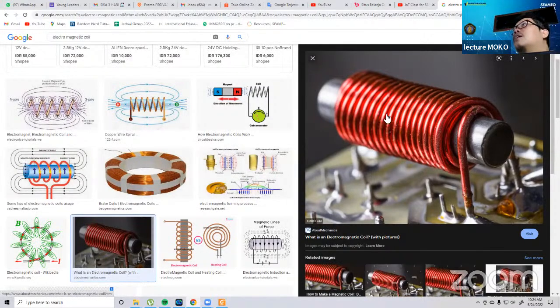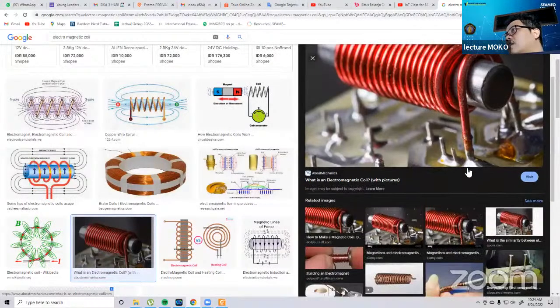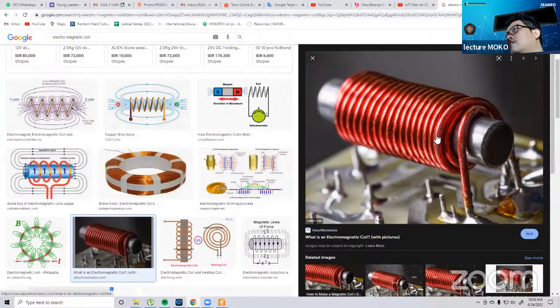The copper covers the iron, and at the end and at the front of this copper, we give DC electricity on this side and on the end side, and this iron will be a magnet.